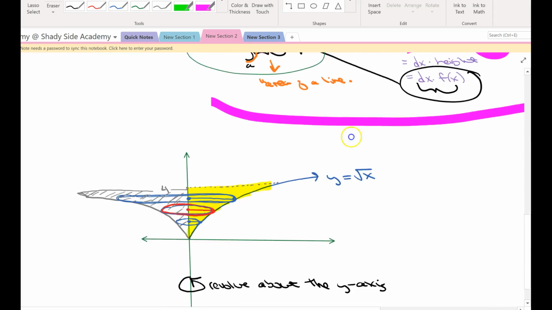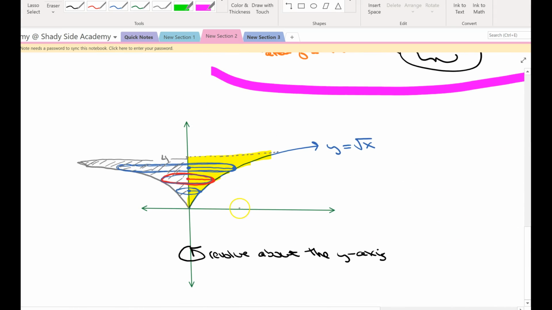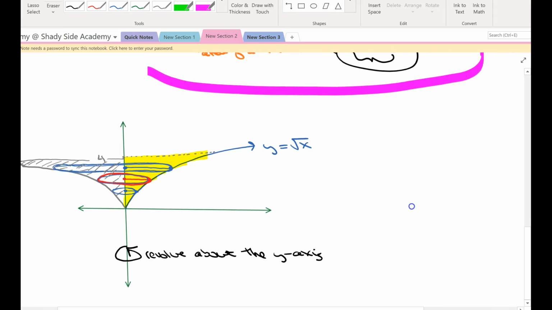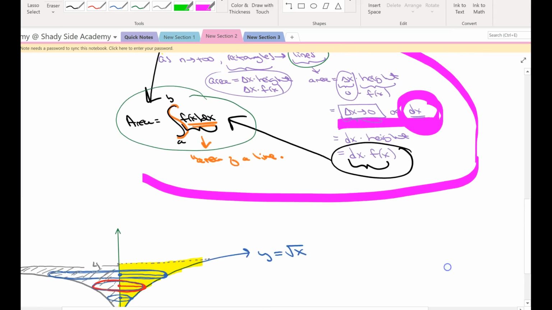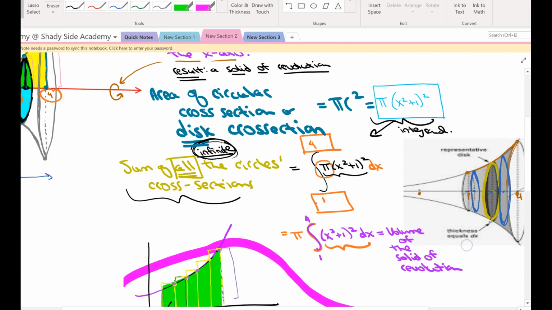These cross-sections over here are stacked vertically over an interval of y. Why am I emphasizing that? Because the interval over which your cross-sections are stacked is precisely the interval of integration.